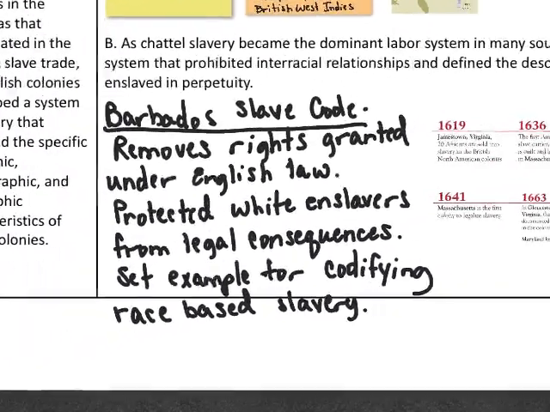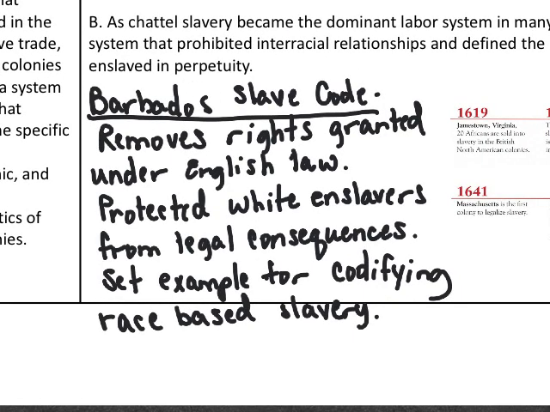So the first, or one of the models, I hate to use the word model, but the slave code that really inspires a lot of the slave codes that are going to be passed in the 13 colonies is the Barbados Slave Code. And it is a law that removed rights granted under English law.